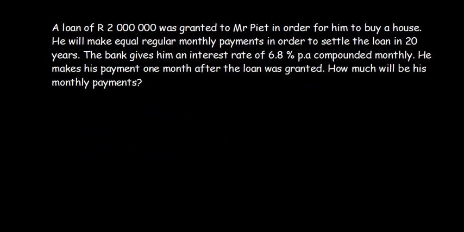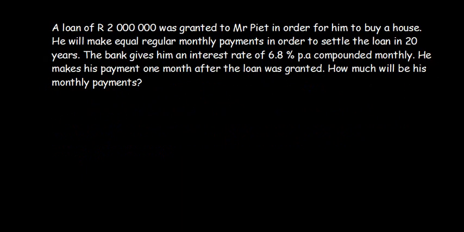So in order to settle the loan in 20 years, the bank says, we'll give you an interest rate of 6.8% per annum compounded monthly for granting you the loan. So our loan is going to be increasing at 6.8% every month. So he makes his payment 1 month after the loan was granted. How much will be his monthly payments?